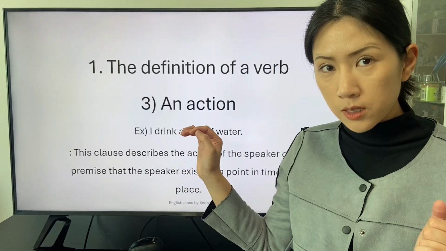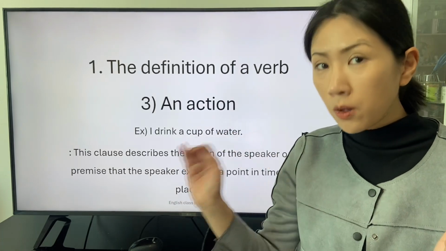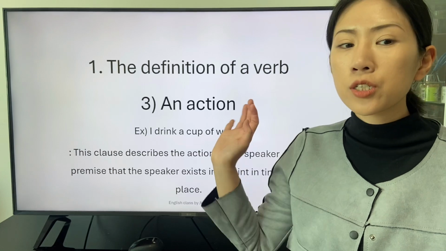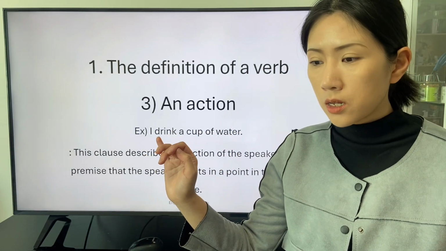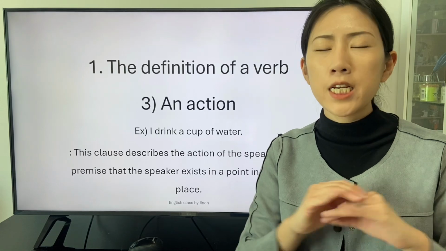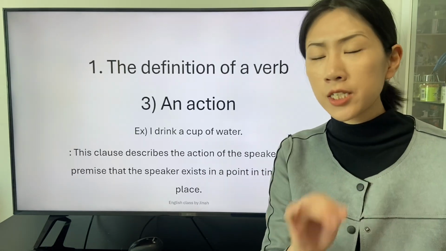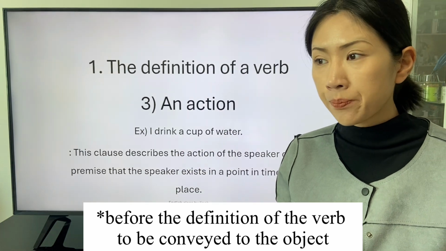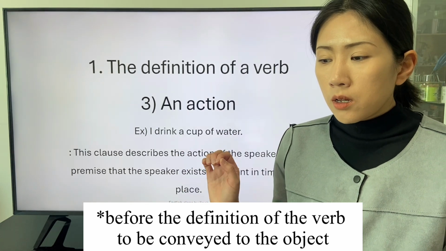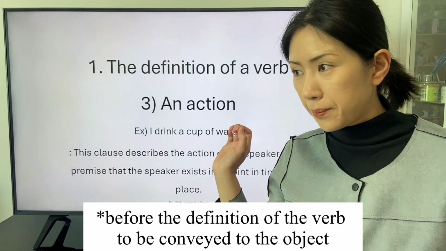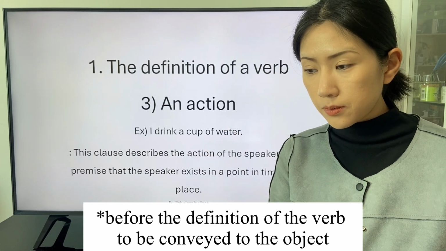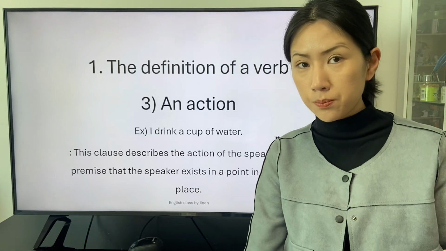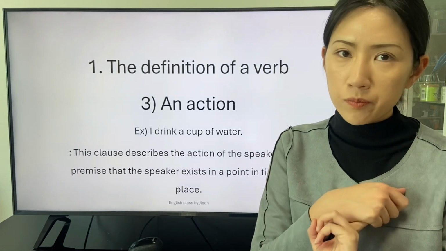The subject, the speaker, and the object, a cup of water, come back to the initial state. The initial state is without the interaction between the subject and the object.